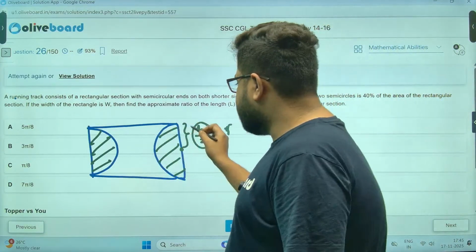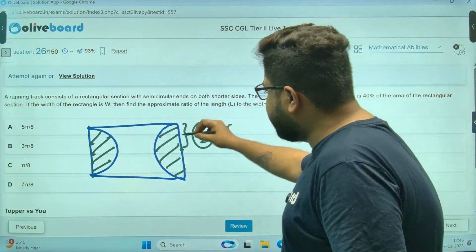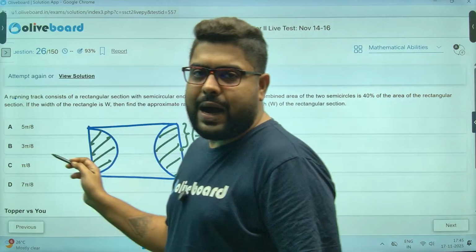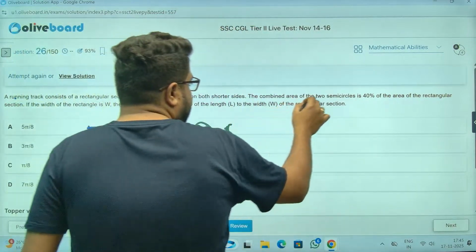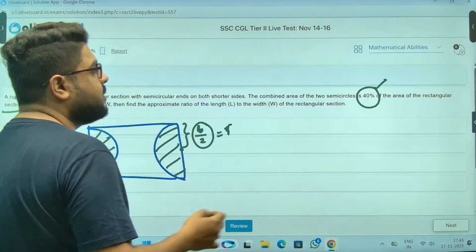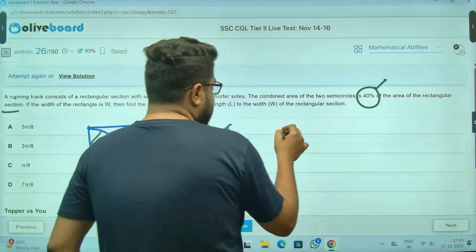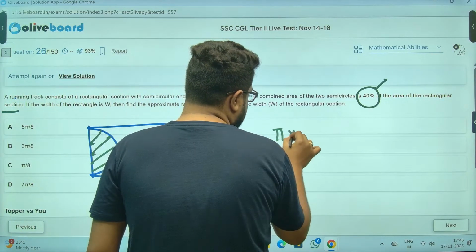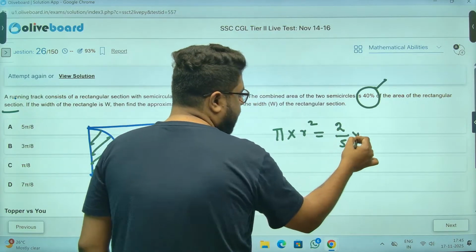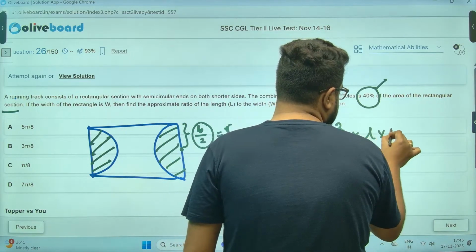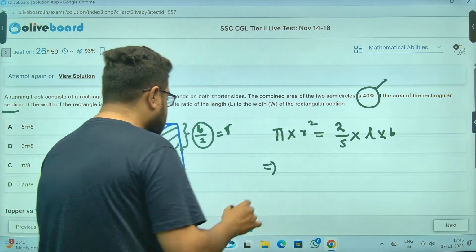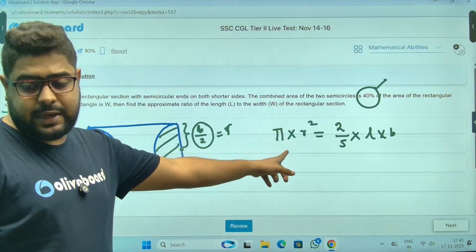Correct? Now both are equal. So ultimately it is nothing but one complete circle. Now this is 40% of the total rectangle. So again, very simple. Sir, pi r square is 40%, meaning 2 by 5 of L into B, sir. This is given. Because it's two semicircles means one circle, that is why pi r square.